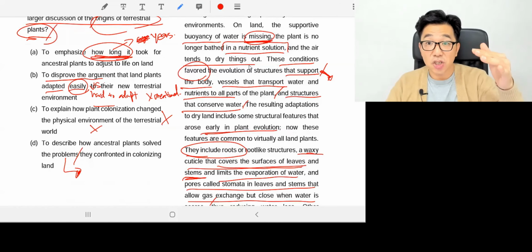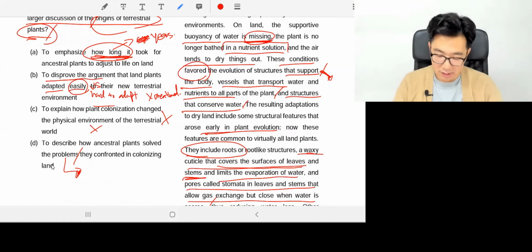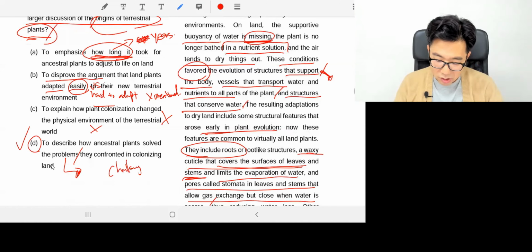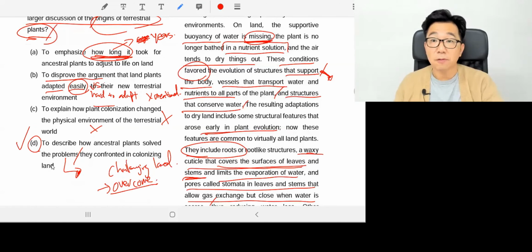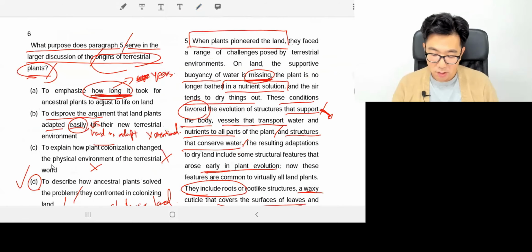There were challenging conditions, unlike when they were in the water, and they successfully evolved and adapted. So, describe how ancestral plants overcame the challenging conditions they faced in colonizing the land. Yes, exactly. The land provided challenging conditions, and they overcame them by certain adaptations. Good question, very good quality question.